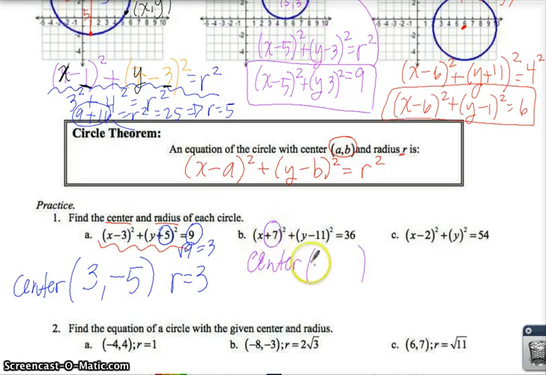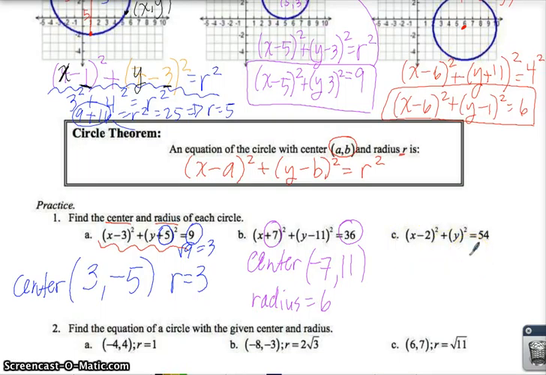That means we input a -7. So the x-coordinate of the center of this circle is -7, and the y-coordinate of the center is positive 11 because there is a minus sign there. So here's my center, and my radius is equal to the square root of 36, which is 6.